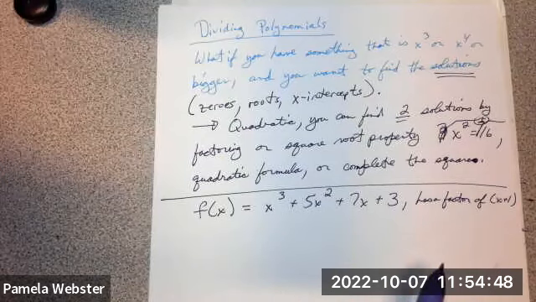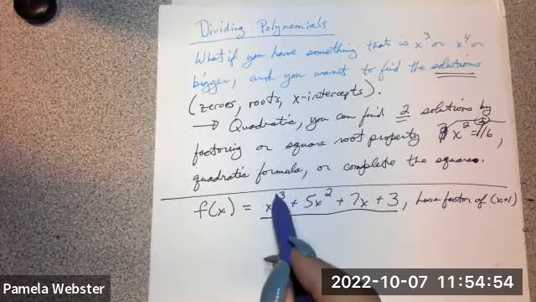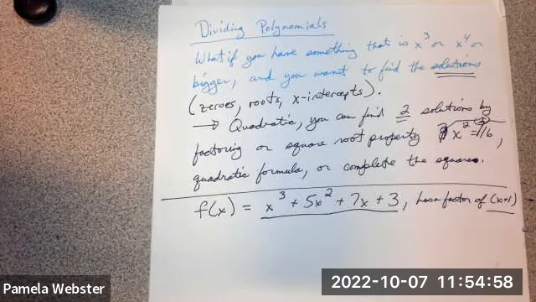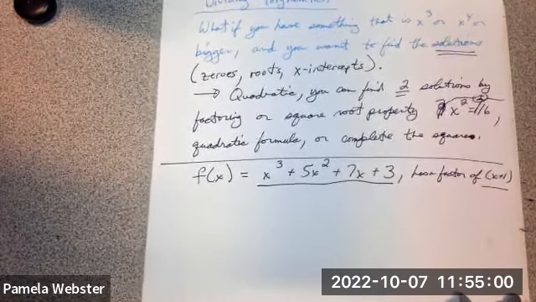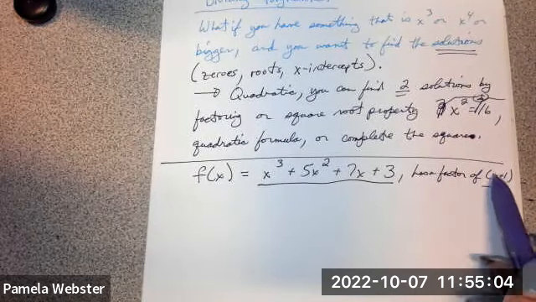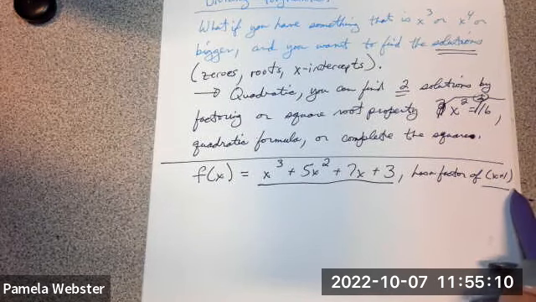So the idea is, I've got this big polynomial, it's x to the third, and I have one factor that I think will go into it. Or I might tell you I found a solution to this. If this is a factor, then I know that x equals -1 would be a solution, because I could set this equal to 0 and solve.